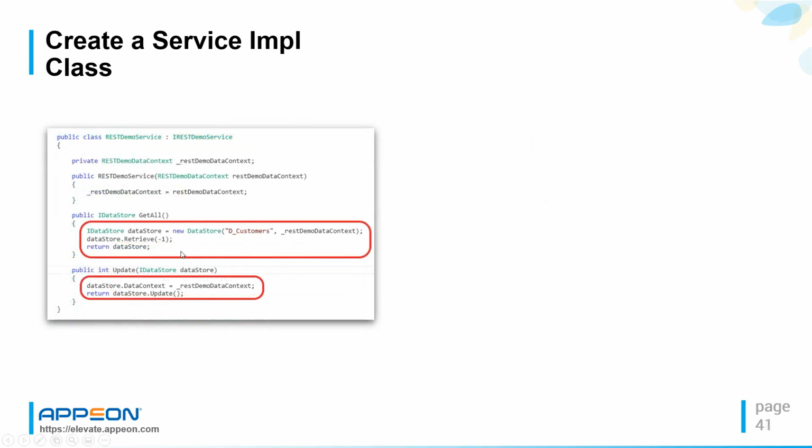So here's my getAll method. What I'm going to do is create my data store by saying new data store. This is the POCO object that was generated from the data window, and this is our data context. Now PowerBuilder doesn't have constructors for its classes that take arguments.